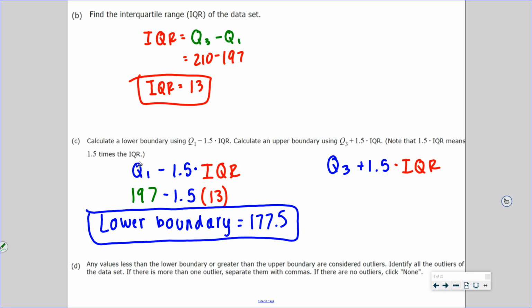What was my 210? Times 13. Okay, for that one I got 229.5.